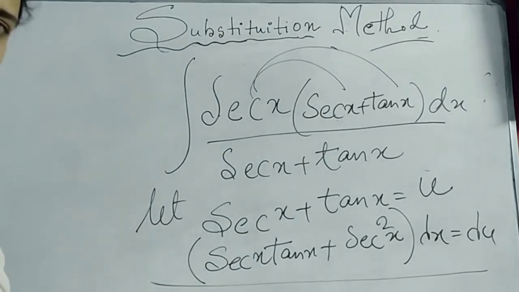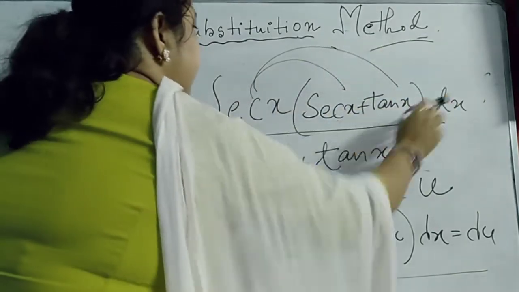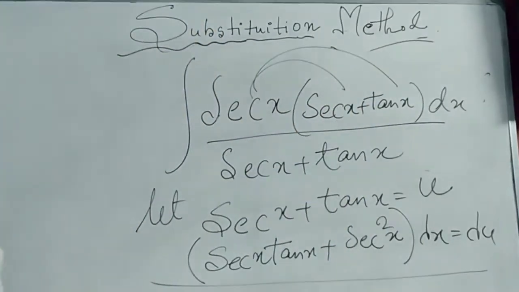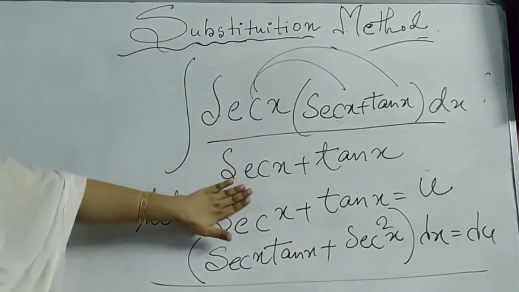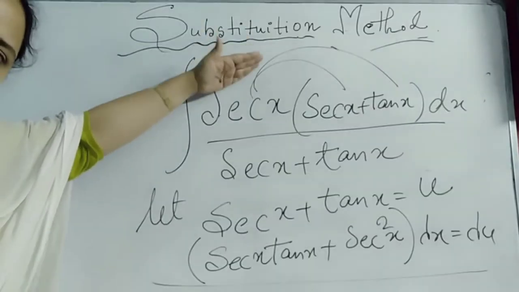So can I say, if this is u, then the numerator is du. Please do focus here. If this is u, can I say this is du?